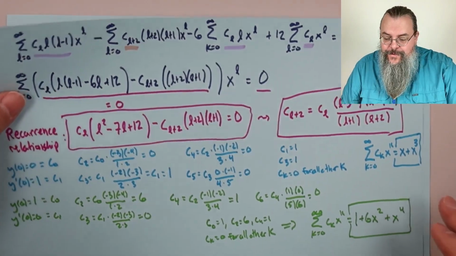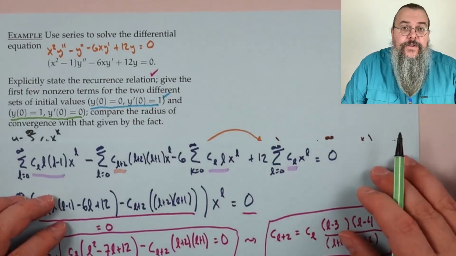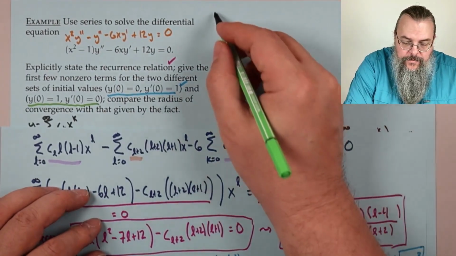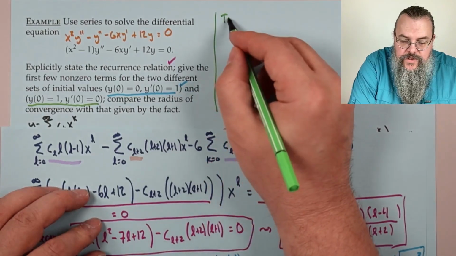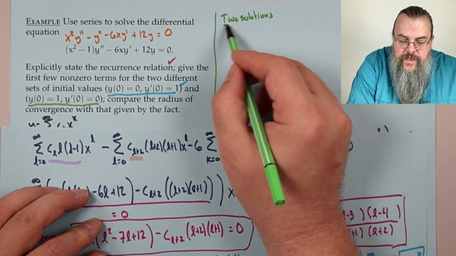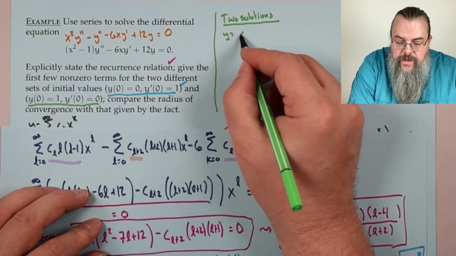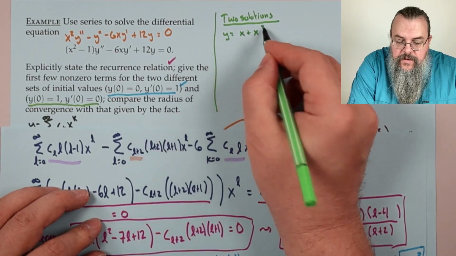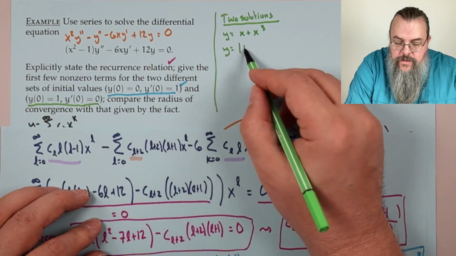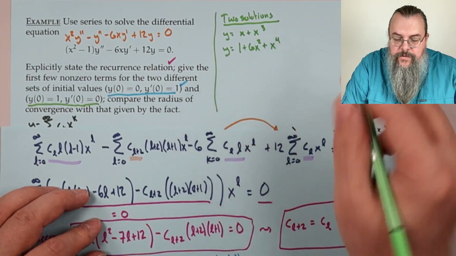All right, so let's recap here. Let's line up our page. We now have that our two solutions found using our series are y equals x plus x cubed, and y equals 1 plus 6x squared plus x to the 4th.